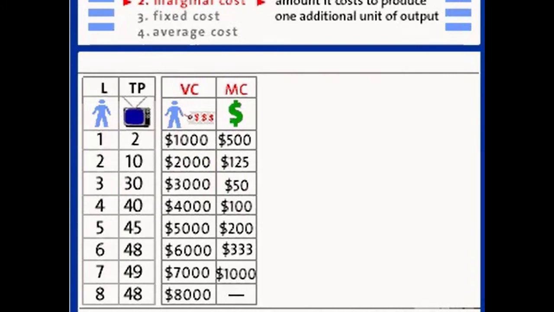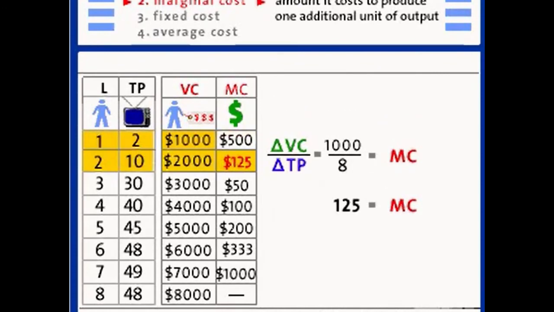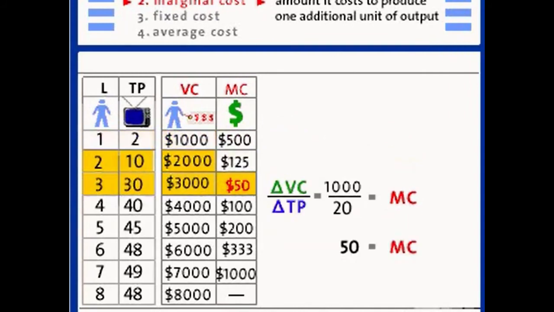If you go from 1 to 2 workers and go from 2 to 10 television sets, those next 8 sets are costing you $125 apiece. The next 20 television sets, when you add the third worker, are costing you $50 apiece. In each case, the marginal cost tells you how much you're paying to get an additional television set.